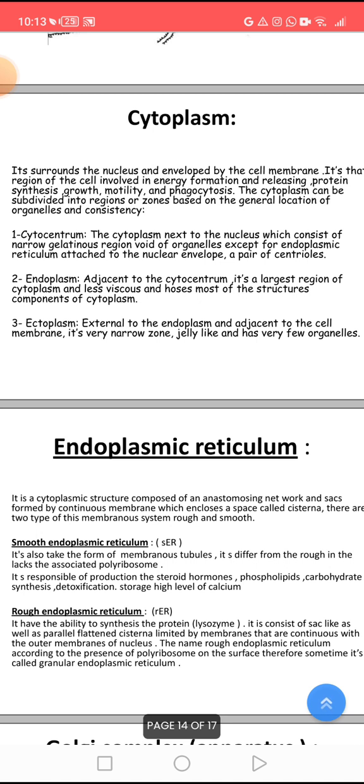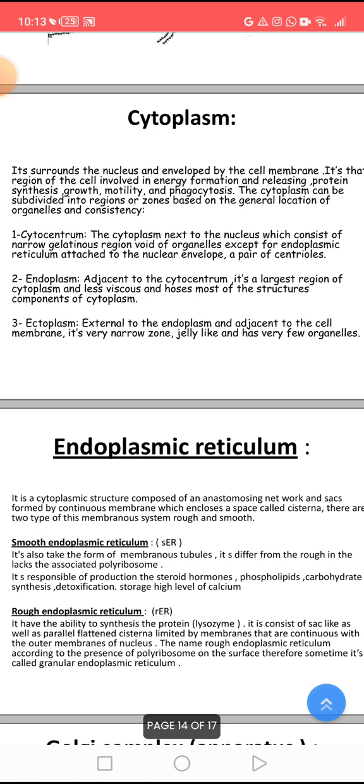It's just like a small circle and a bigger circle of cytoplasm. Imagine it like that: small, bigger, and the biggest. Draw three circles, in the middle the smallest, then a little bit bigger, and after that the biggest.